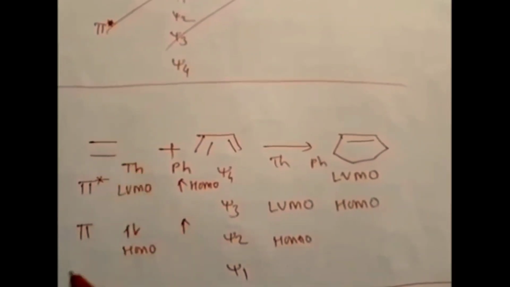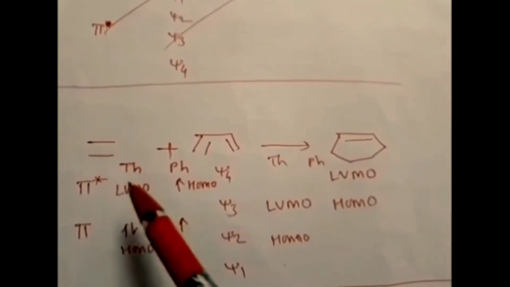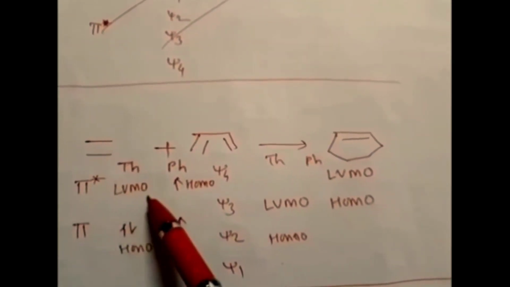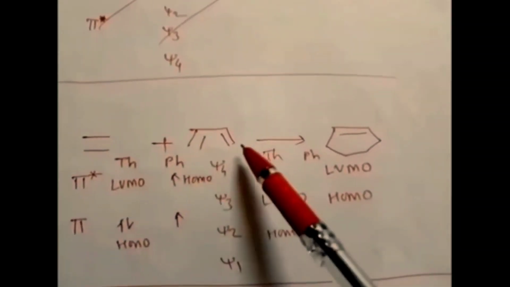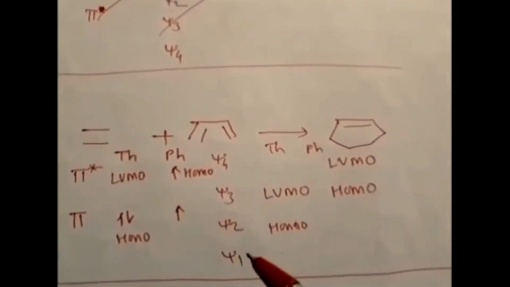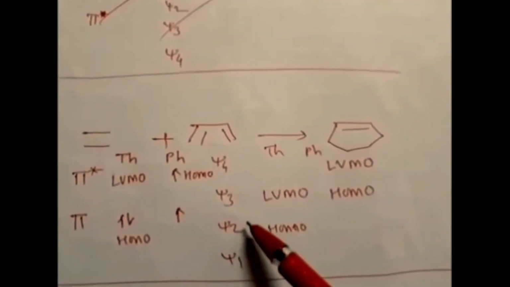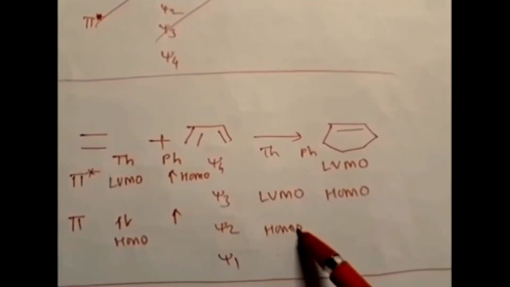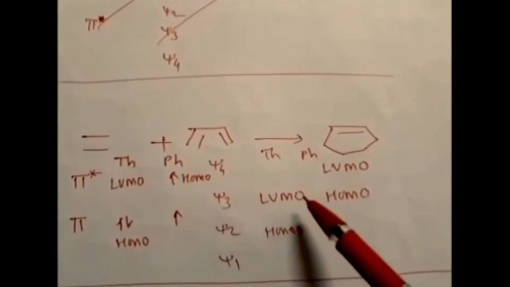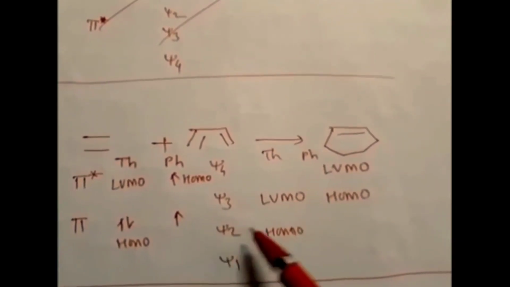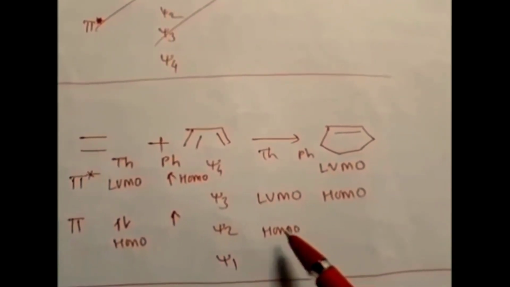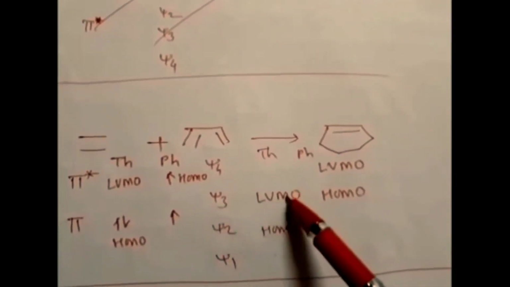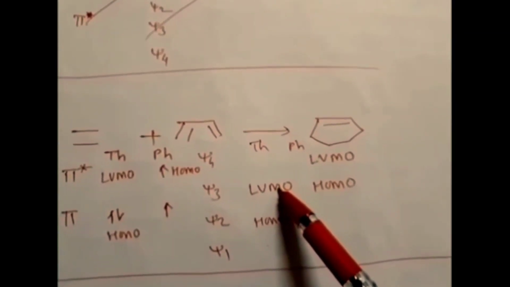So in case of ethylene, pi is HOMO and pi star is LUMO. Whereas in case of butadiene, 4 electrons are present, that is in psi 1 2 electrons and psi 2 2 electrons. That's why psi 2 is HOMO and psi 3 is LUMO. That is, psi 2 is highest occupied molecular orbital and psi 3 is lowest vacant molecular orbital.